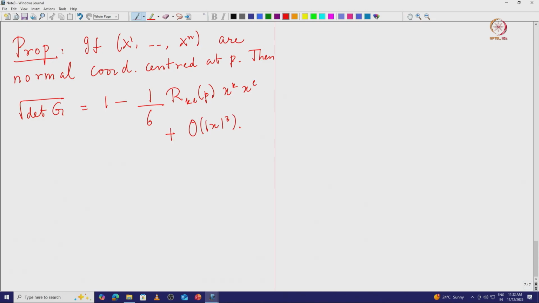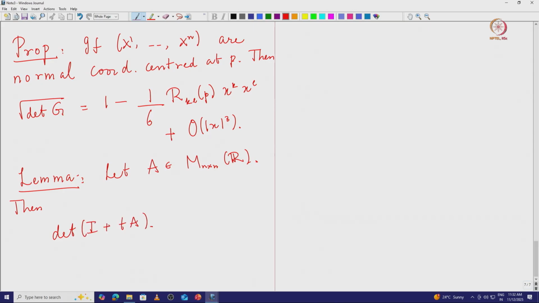Okay. So how do you prove this? Well, we need the following elementary lemma from essentially matrix analysis. Let us say I take an n cross n matrix A. Then I look at the determinant of a small perturbation of the identity matrix in the direction of A, I plus tA, and take the derivative at t equals 0.